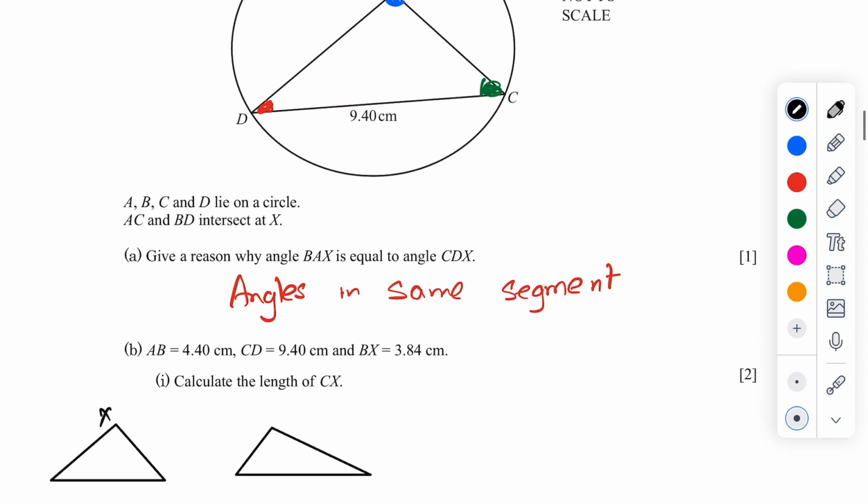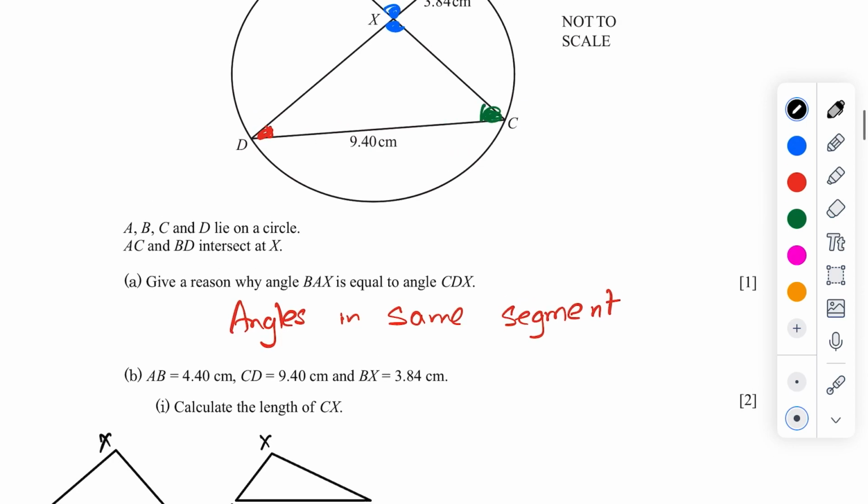So both are having X at the top. Red color angles are D and A, which are on the left side. Green color angles are C and B, which are on the right side. Now populate the diagram. AB is 4.4 and BX is 3.84. CD is 9.4. He's asking us to find CX.